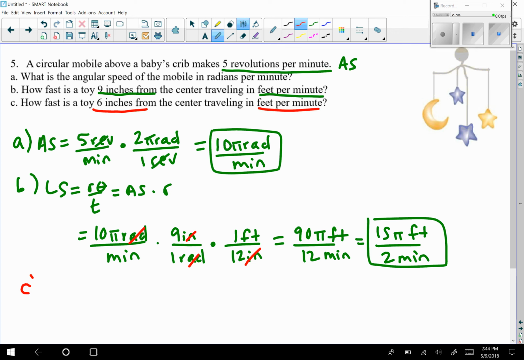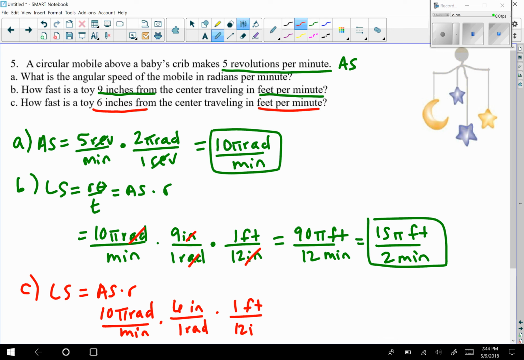So for C, we have the linear speed is equal to, again, the angular speed times the radius. So in this case we have 10 pi radians per minute times 6 inches per 1 radian times 1 foot per 12 inches.